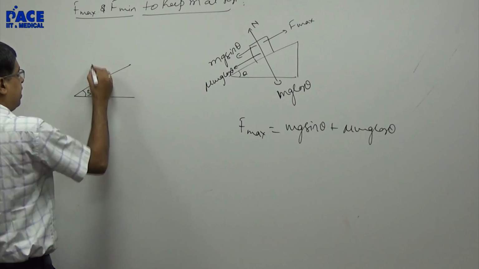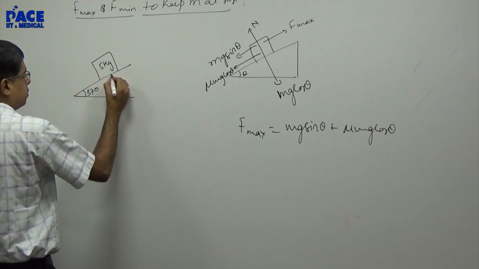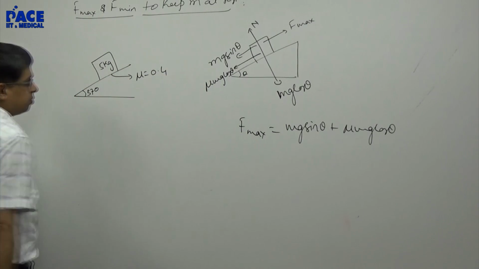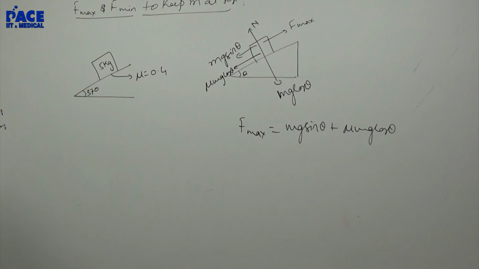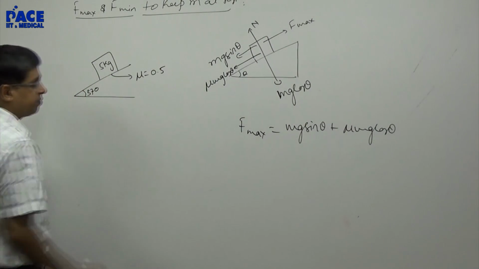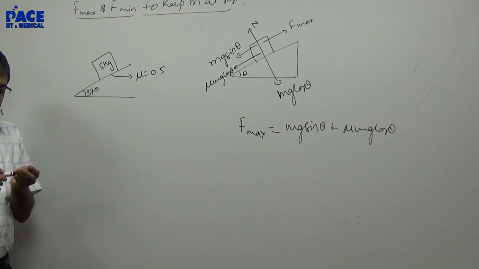Angle is 37 degrees. 5 kg block. Mu is 0.4. Say make it 0.5. What is the value of friction acting on the 5 kg block?